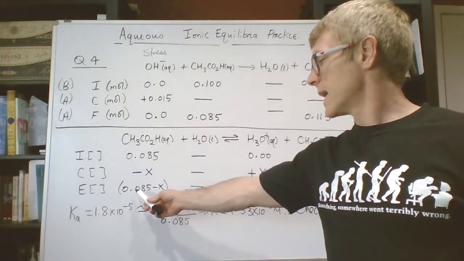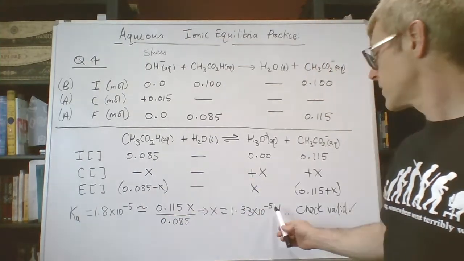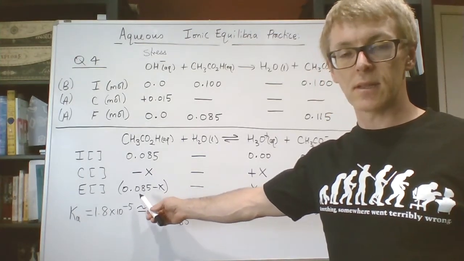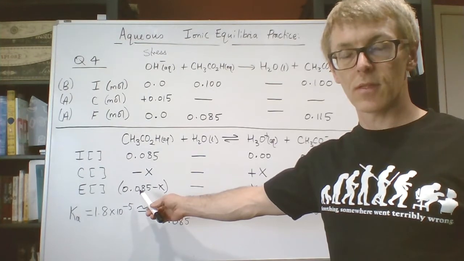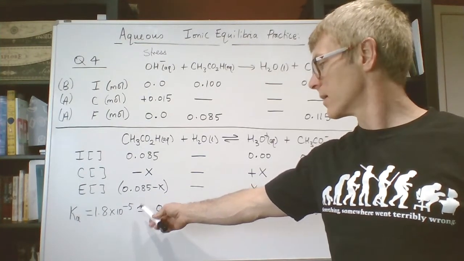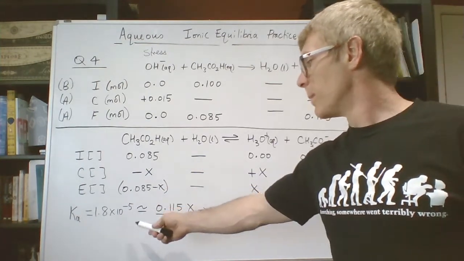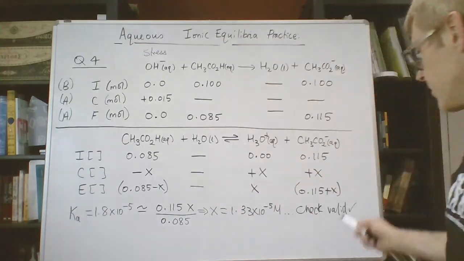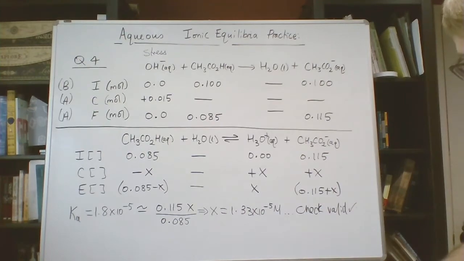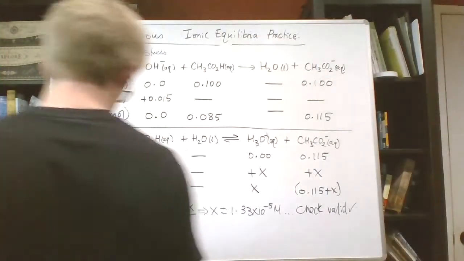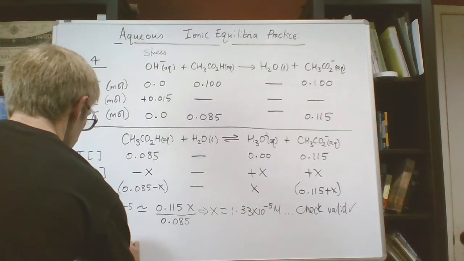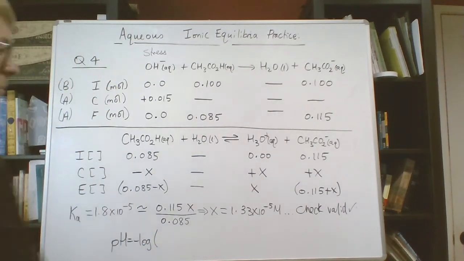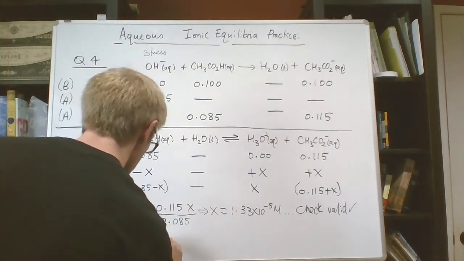So this value here, 10 to the negative 5 divided by 10 to the negative 2 is 10 to the negative 3, roughly, multiplied by 100, which is 10 to the 2, is 10 to the negative 1, which is less than 5. So our assumption is valid. Now we can proceed to calculate the pH. pH is minus log base 10 of the hydronium. The hydronium is x, and I know what x is.